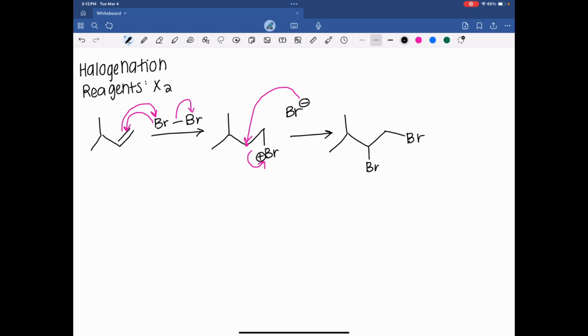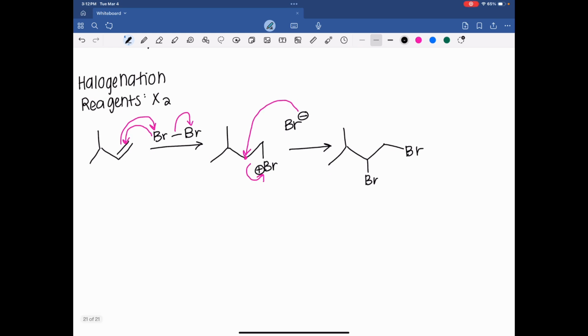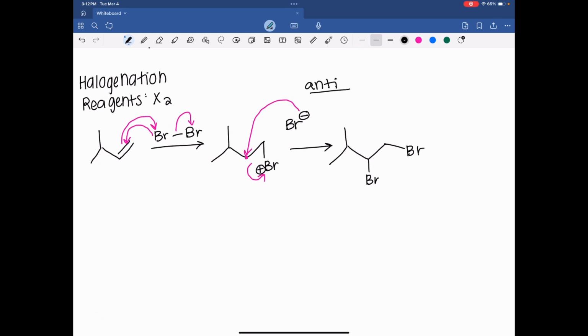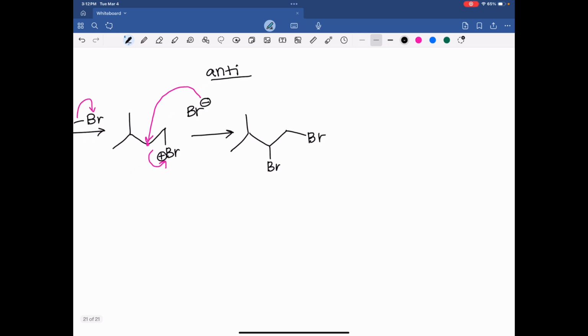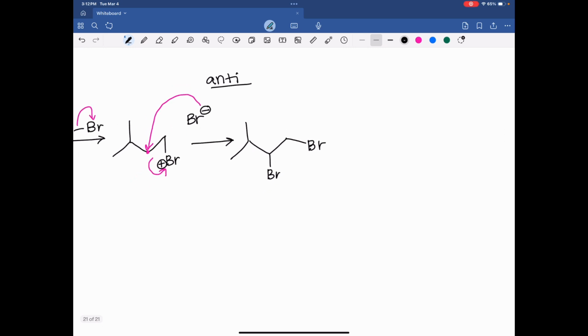And I get this. So back to what I was saying earlier about this being anti, it means that whatever things I added are going to be on different planes. So my two products will be this and this.